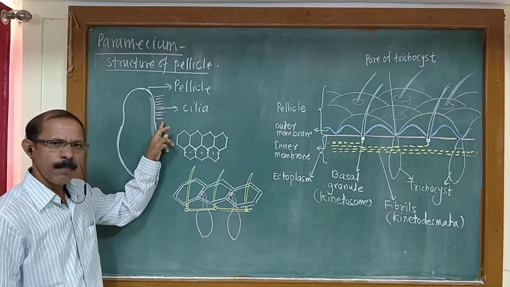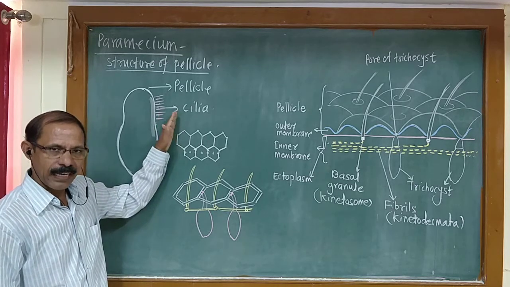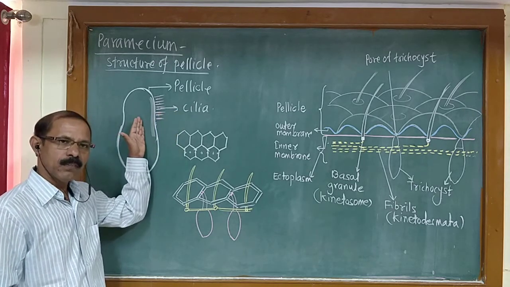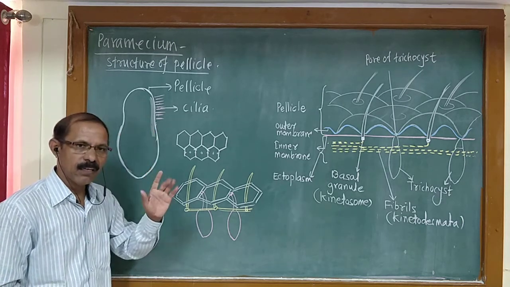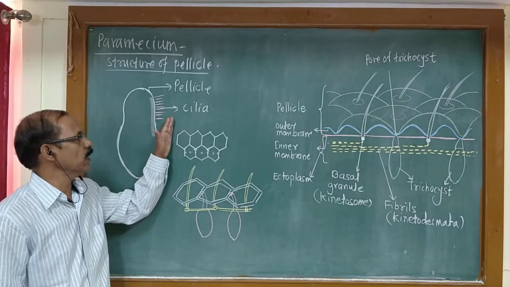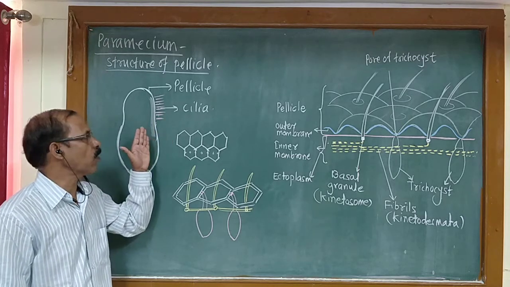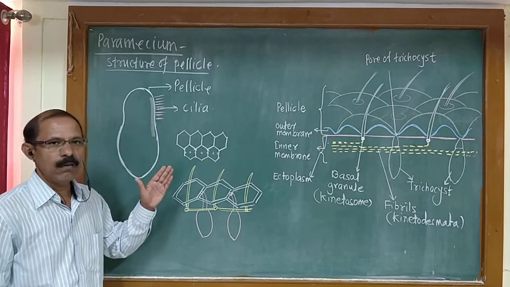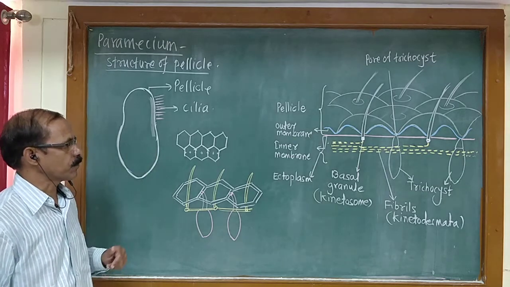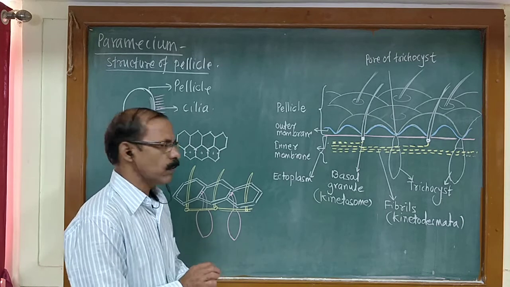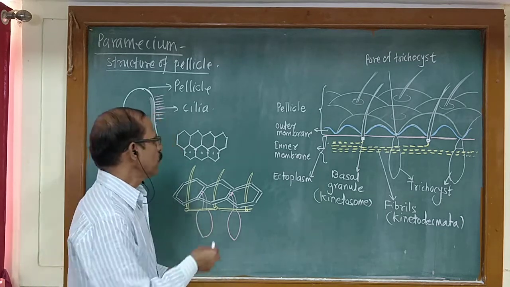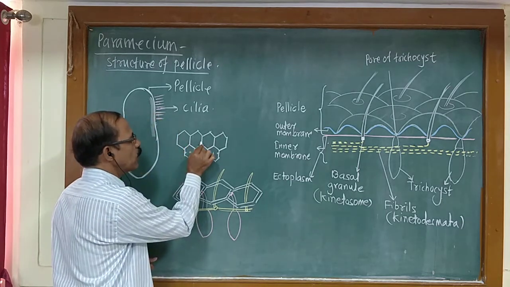So cilia are on the outer side and ectoplasm towards the inner side. The pellicle is double layered: the outer membrane is in contact with cilia and the inner membrane is in contact with ectoplasm.